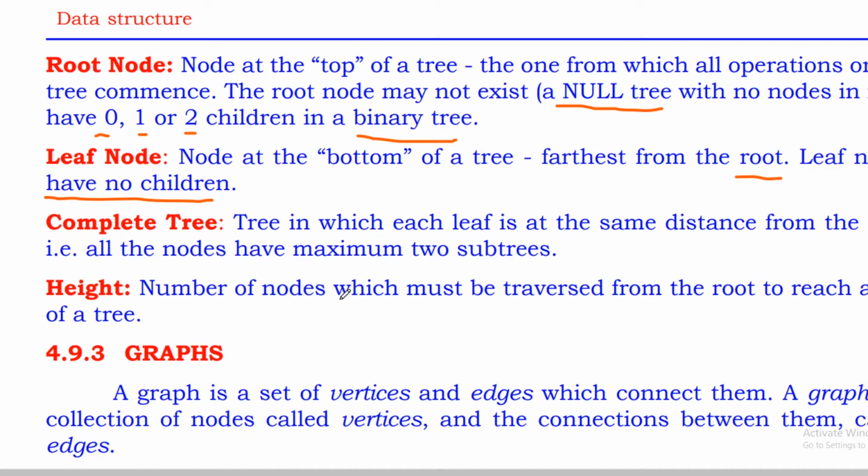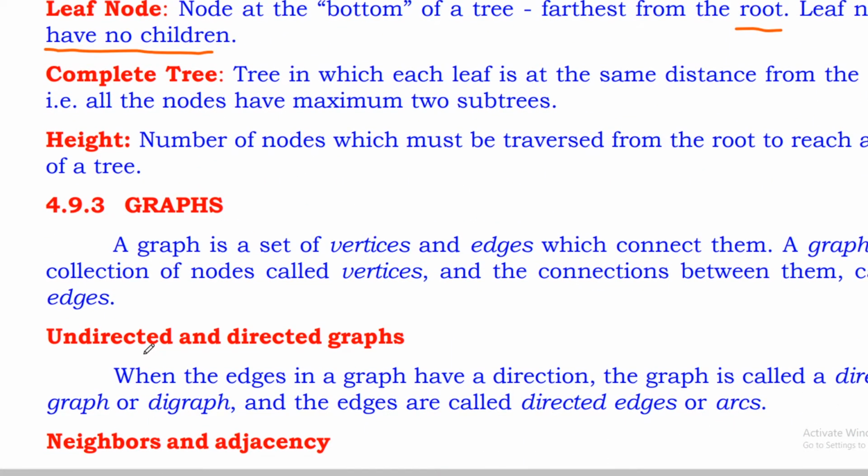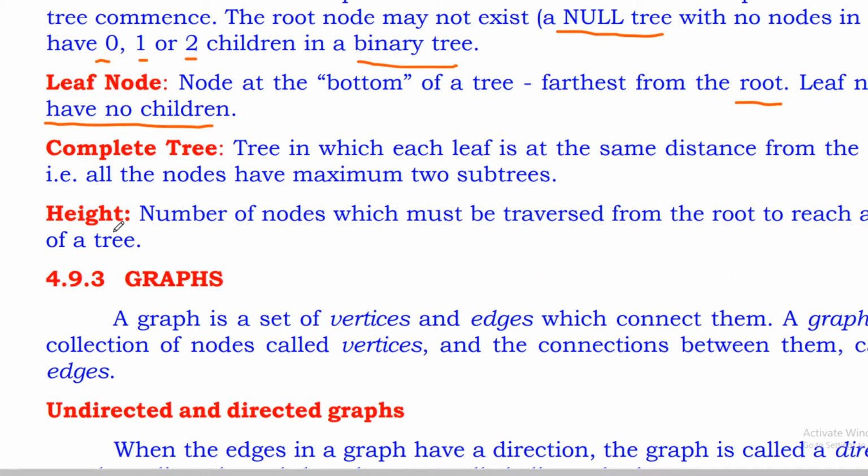The number of nodes which must be traversed from the root to reach the leaf node of the tree. That we have already told. You start from the root to the leaf, and that is called the height of the tree. Next we have one more. When you go for higher studies, you have a very interesting topic, binary trees. Trees are very important: traversing, searching, all those operations we discussed could also be performed with this. But this academic year we are not learning it, we are just giving an introduction to this topic.